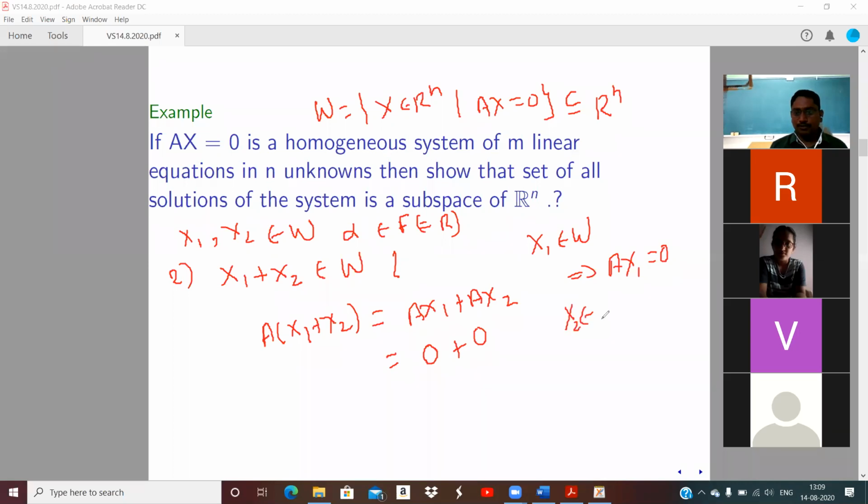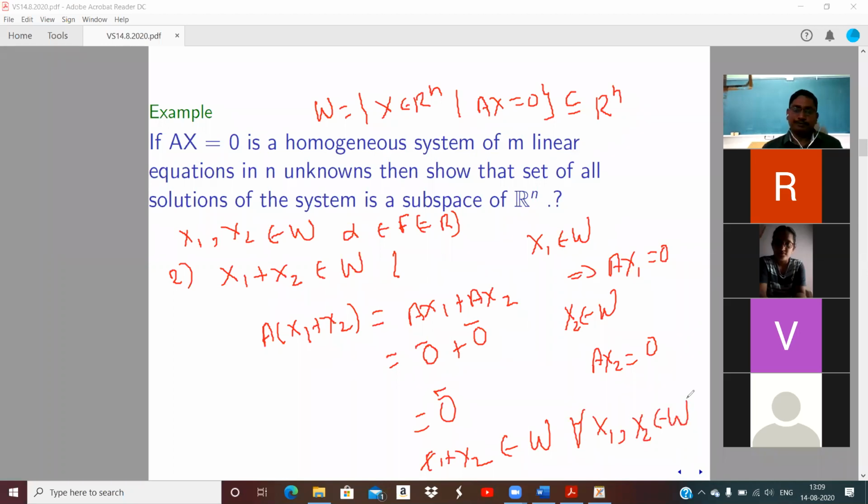Similarly, x2 belongs to W means Ax2 is 0. So that is why this is 0, the actual zero vector. In this way, x1 plus x2 is also a solution to Ax equal to 0, so it belongs to W for every x1, x2 in W. So here addition is closed.